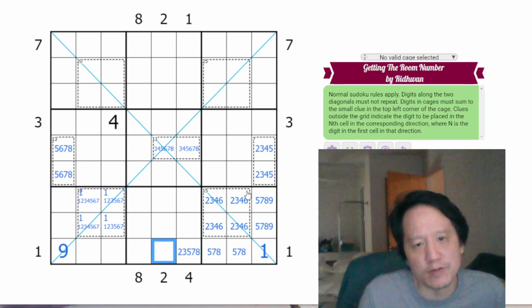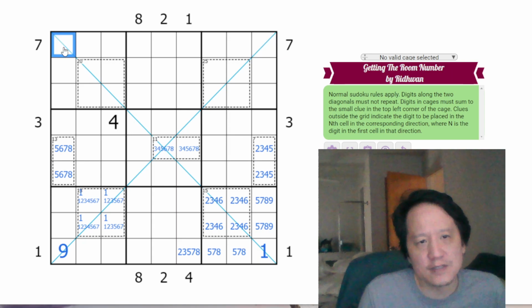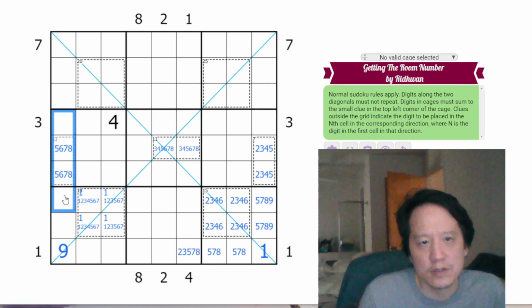So that's one rule, I guess, that this can't be 1, this can't be 1, this can't be 1. Okay, that's interesting. So this can't be 1, and this can't be 1, because 1 has to be here. So that means 1 cannot be anywhere here. And 1 can't be here, so this is 1.